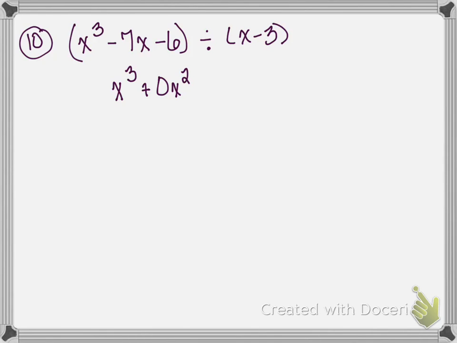You've got to put that in there. Then I've got minus 7x minus 6. So I'm going to put this in the box, and x minus 3 goes outside the box. It needs to be written a little bit lower.